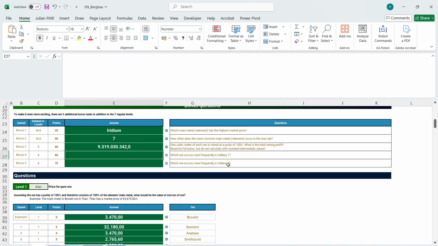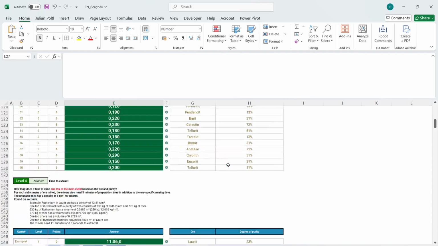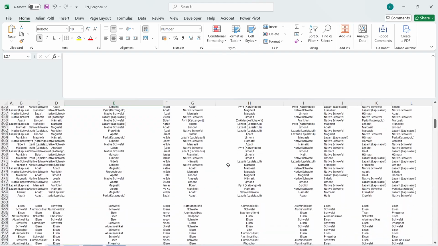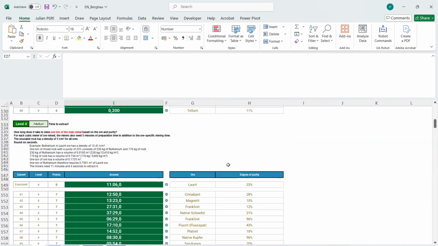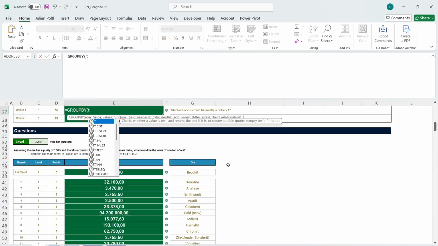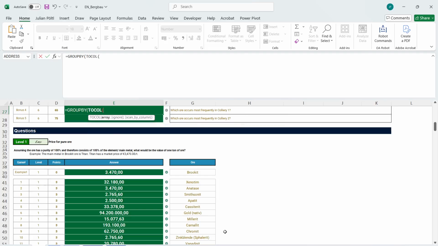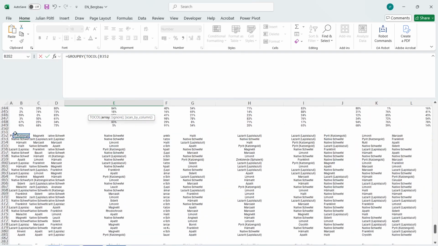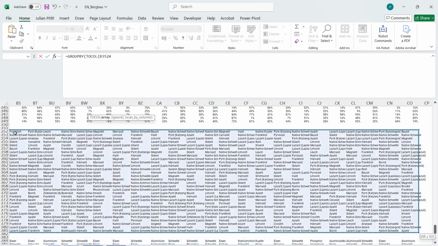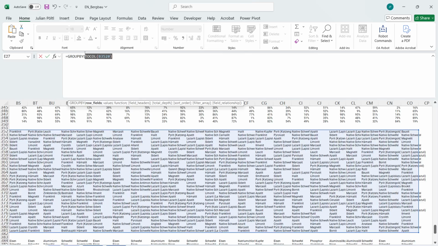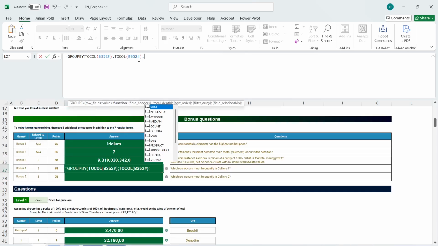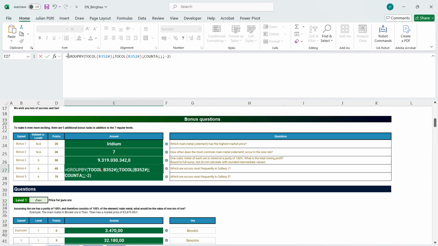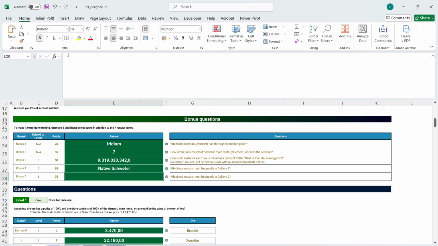Which ore occurs most frequently in corollary 1? So it's basically most of, but I do group by, so group by to count A minus 2 and A add native Schwefel.